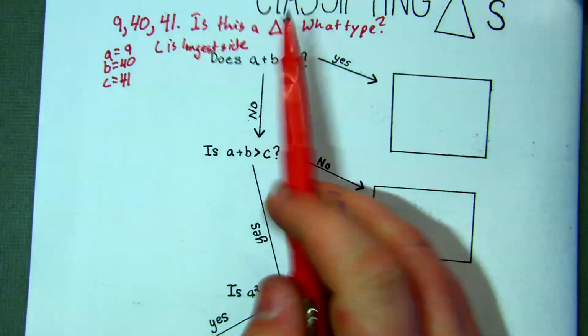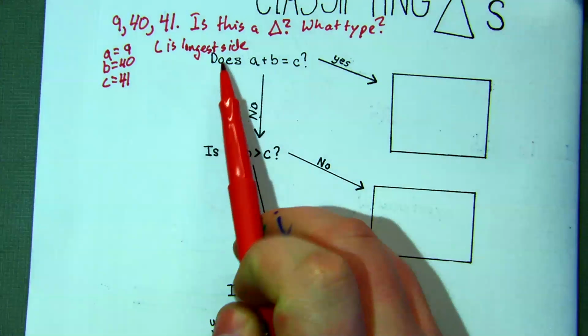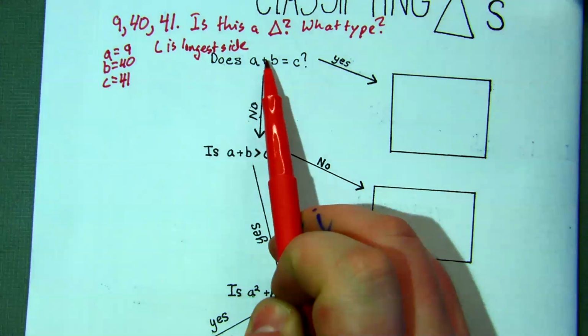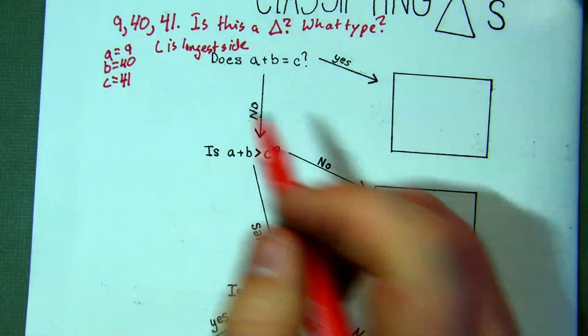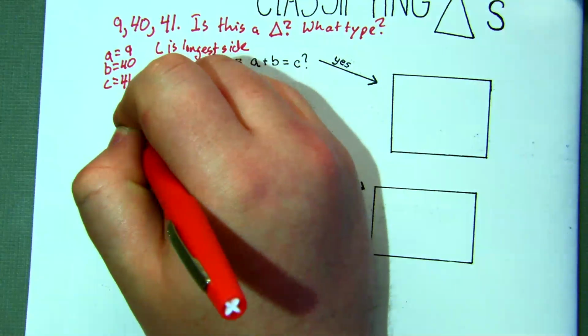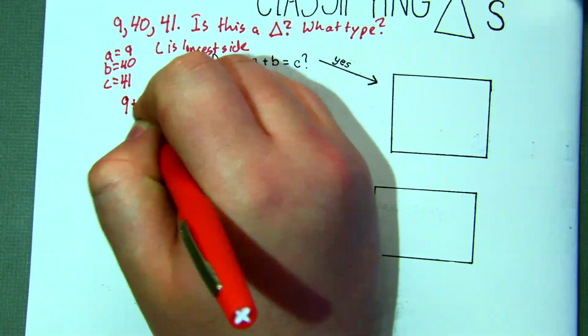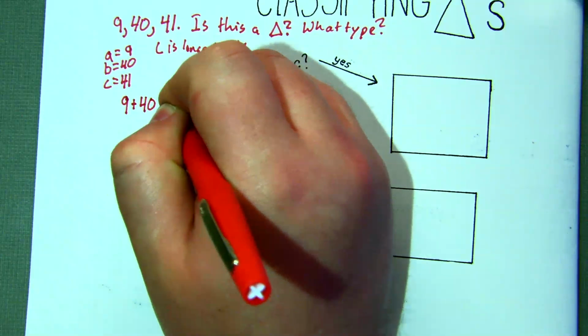And then we want to start at the top of our table. Does A plus B equal C? So does 9 plus 40 equal 41?